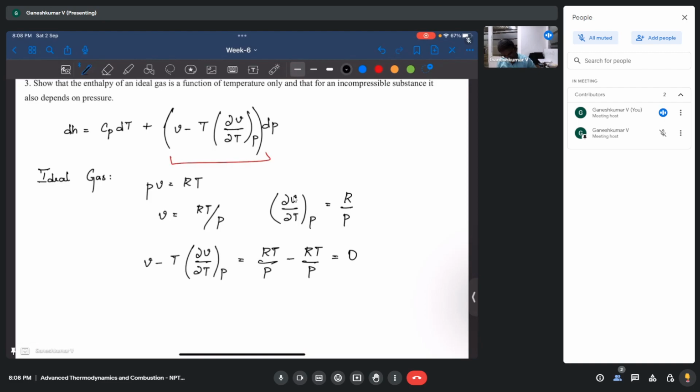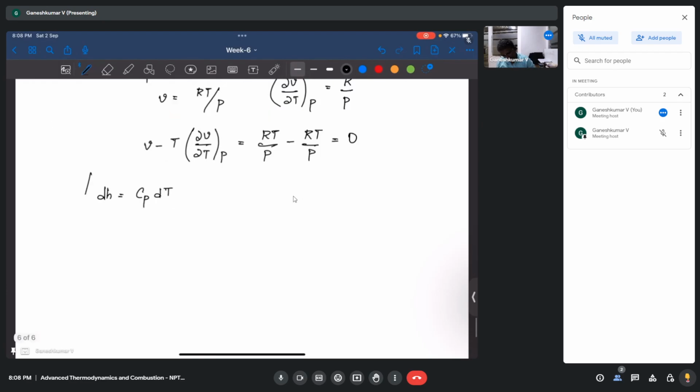Then the enthalpy change we are left with is nothing but Cp times dT. So dH is Cp dT, that is what is given. But it doesn't prove that enthalpy is a function of temperature only, because this Cp could be a function of temperature, right?